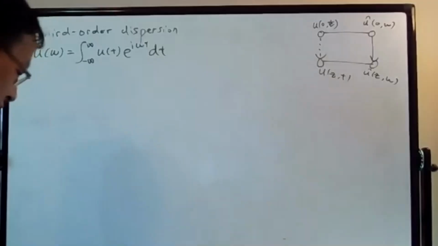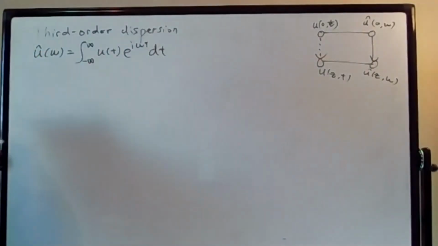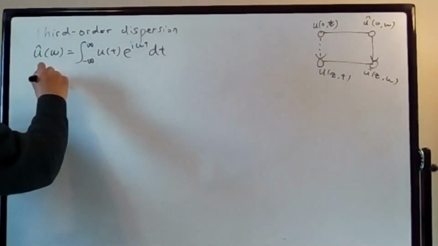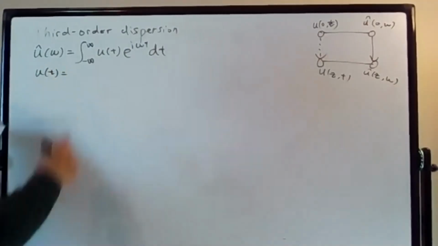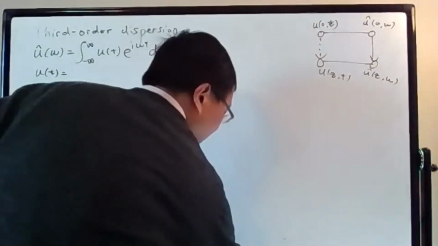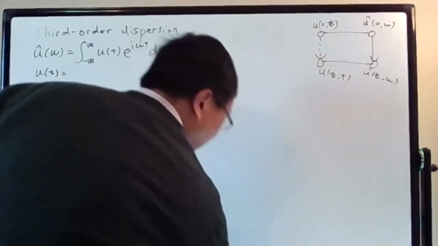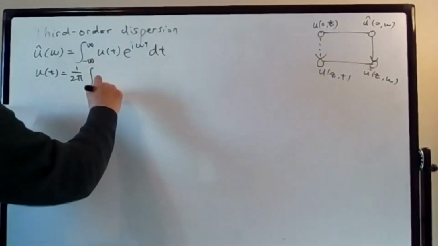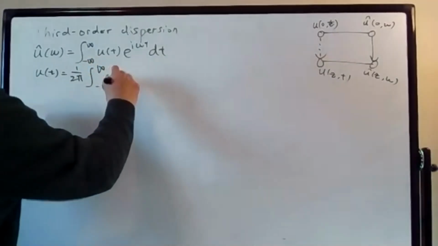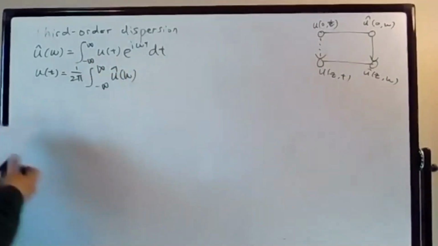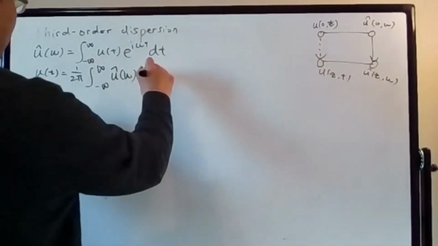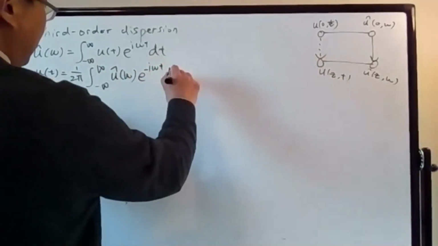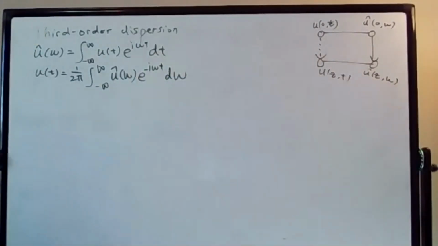Then the inverse Fourier transform, u t, is 1 over 2 pi times the integral from negative infinity to infinity of u tilde omega exponential negative i omega t d omega. So this is the relation between u omega and u t.